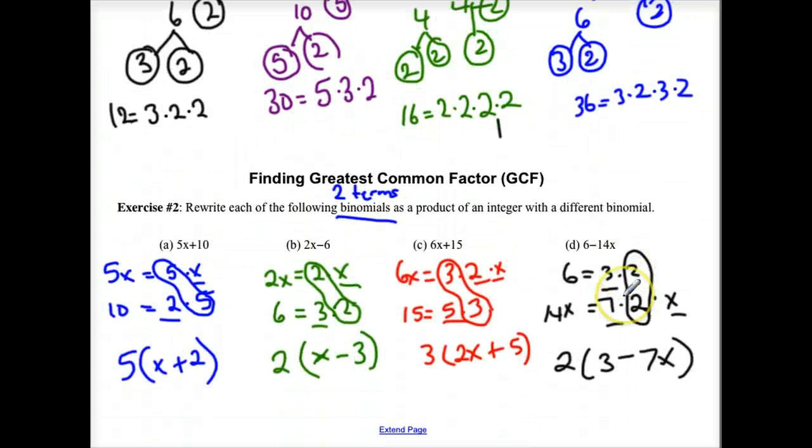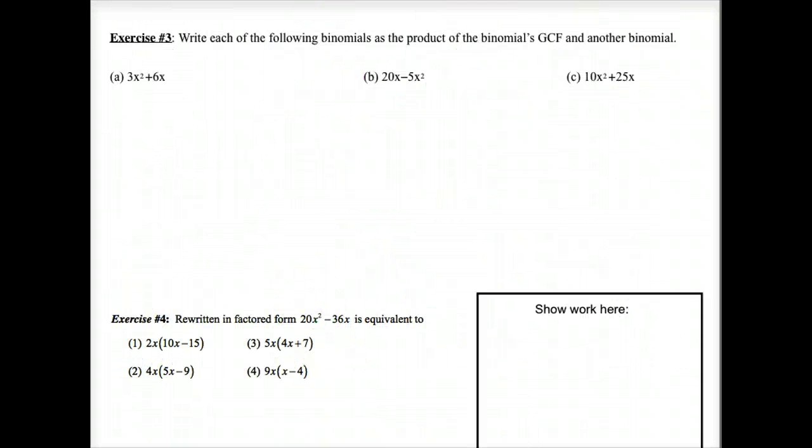So, our third example says, write each of the following binomials as a product of the binomial's GCF and another binomial. All it's saying is to break these down and look for what they have in common, and I want to try to factor these out.